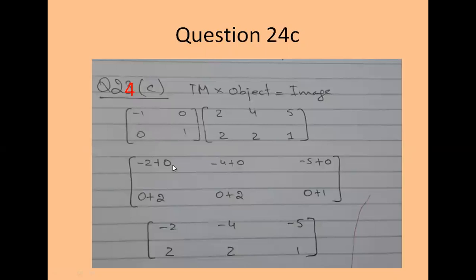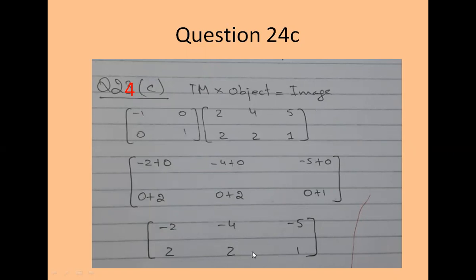So you can see -2 plus 0, -4 plus 0, -5 plus 0. Then this row will multiply and it will be 0 plus 2, 0 plus 2, 0 plus 1. Okay, so -2 plus 0, that's -2, -4, -5, 2, 2, 1.